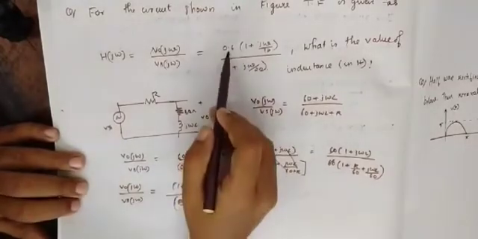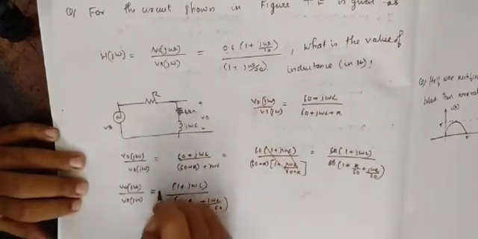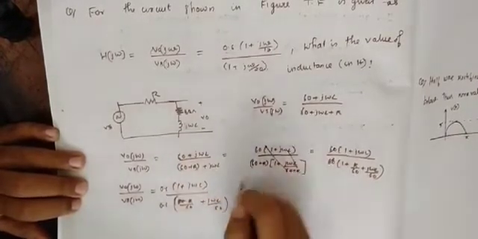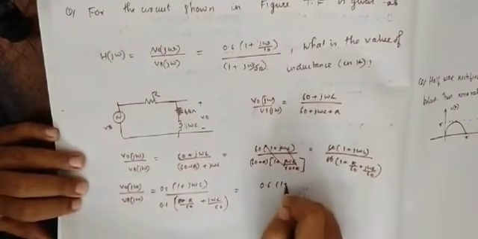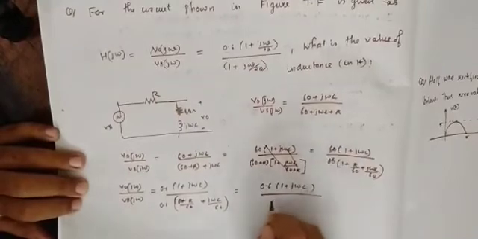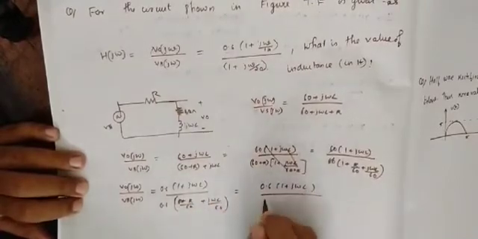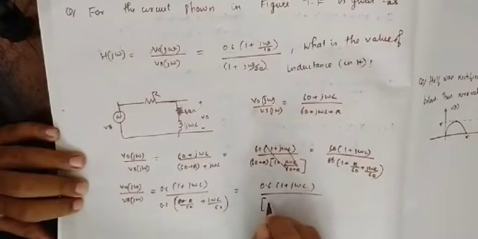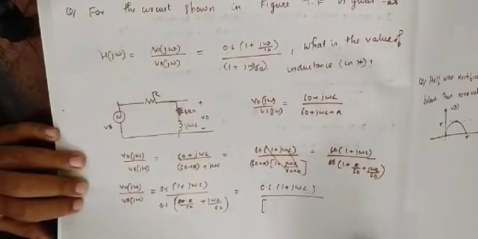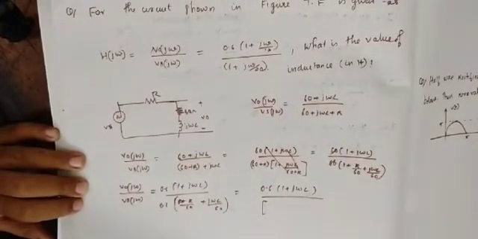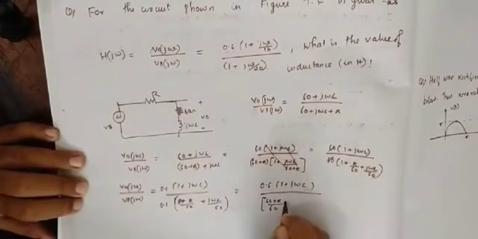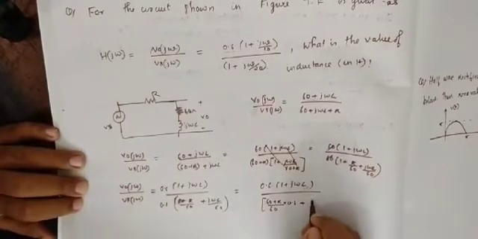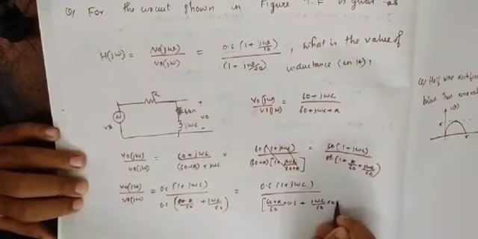But there was another thing here also, 0.6. So I am going to multiply 0.6 and divide by 0.6. If I do that, I'll get 0.6 into 1 plus j omega L divided by 60, taking it inside, 60 into 0.6 for the 60 plus R term and the j omega L term.